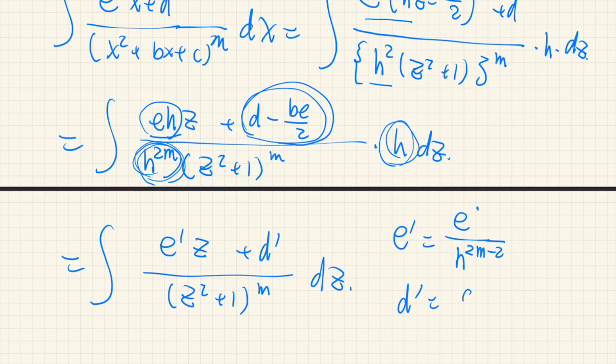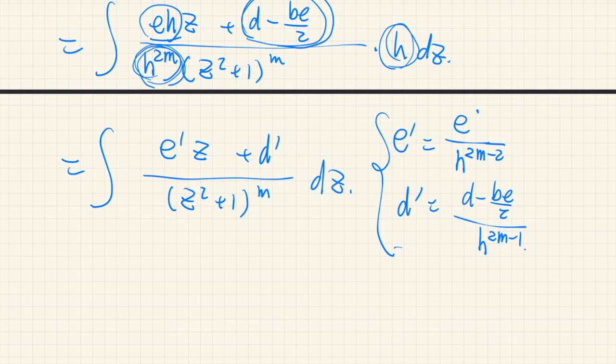So that is (d minus be over 2) over h to the power of 2m minus 1. So new constants here.